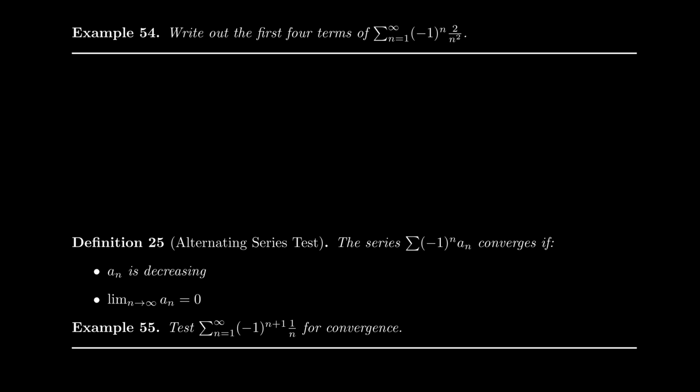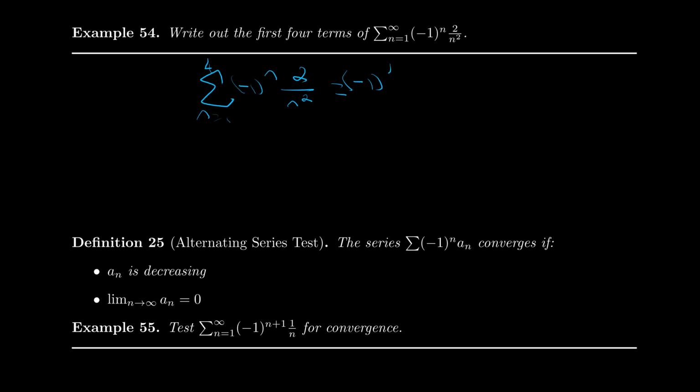So write out the first 4 terms of that guy right there. Let me just write out the sum. You're literally just doing the sum from n equals 1 to 4 of negative 1 to the n, 2 over n squared. We can do that. Sure, why not? That'll be negative 1. So all the n's in this term are going to be 1.